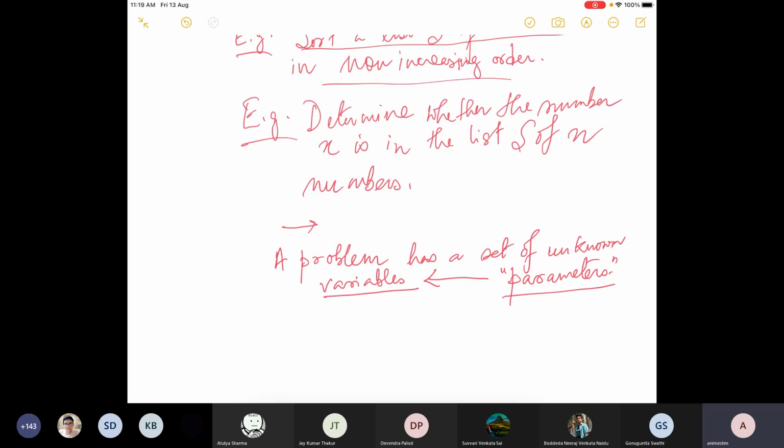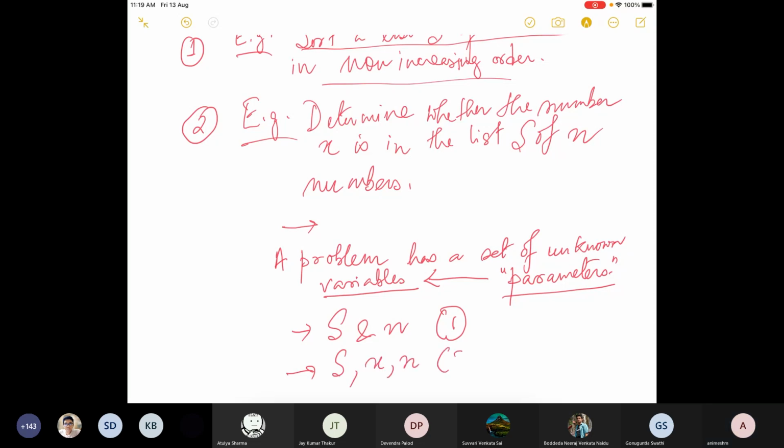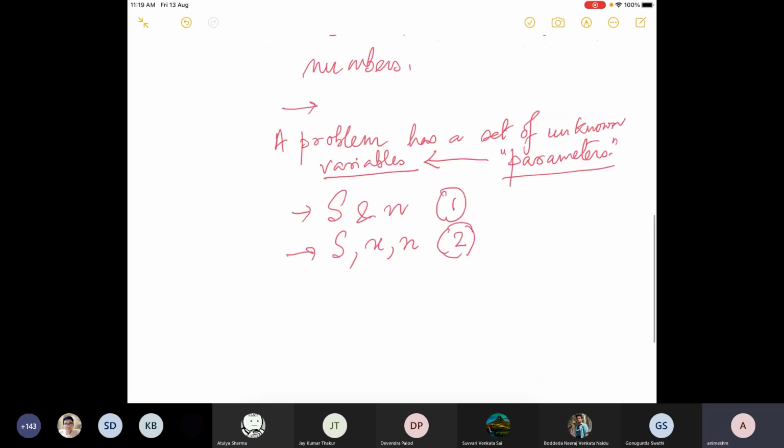Now, suppose I have given you the parameters. Here in the first problem, the parameters are S and n. Let's call this 1, let's call this 2. In the second problem, there are 3 parameters. These are called the parameters of a problem.